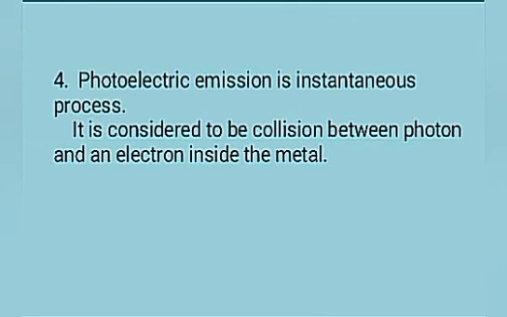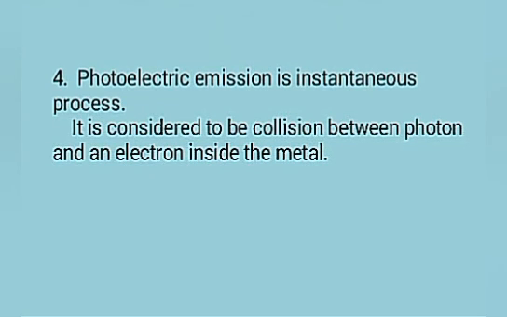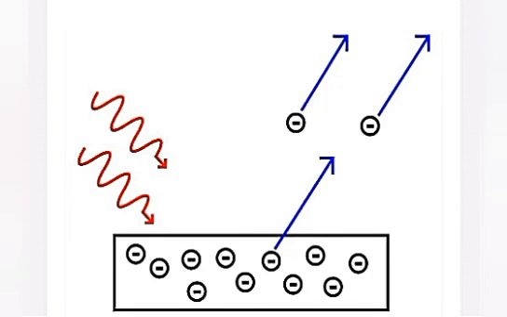Here, when a photon hits the electron, the entire energy of the photon is immediately absorbed by the electron. So there is no time gap between emission of the photoelectron and interaction of the photon with the electron.